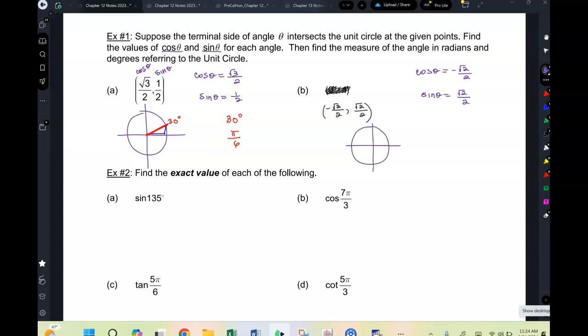To trace this angle, I have to go over to the left root 2 over 2 and up the same distance, root 2 over 2.